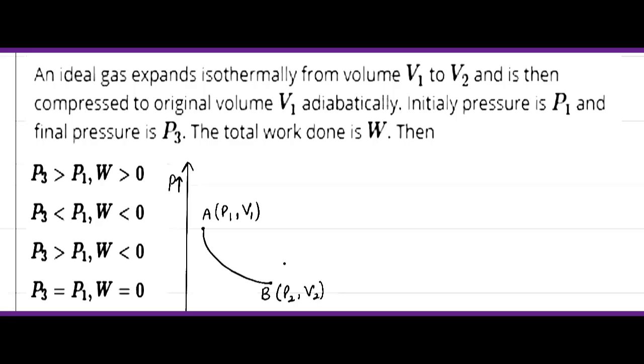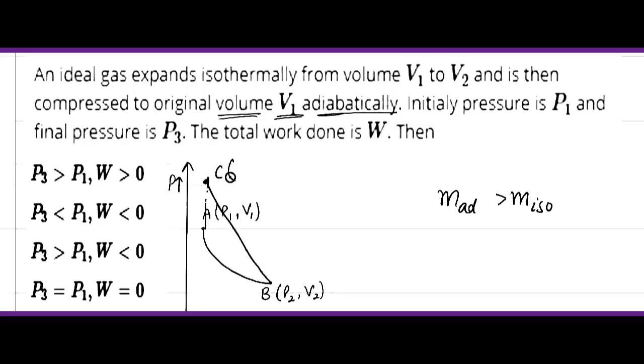Now after reaching the state B, it will be compressed back as it is given in the question. It is compressed to its original volume V1 adiabatically. So let us draw the adiabatic curve. Now we know for adiabatic process, the slope is always greater than isothermal process. That means to draw the adiabatic graph from B point, we have to draw a line of larger slope, towards this point, so that the volume will be the same.